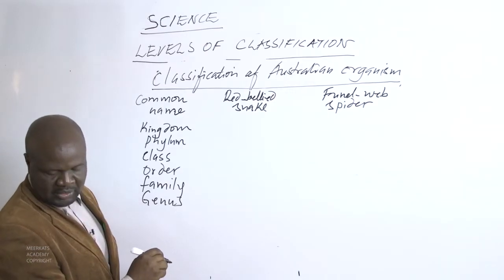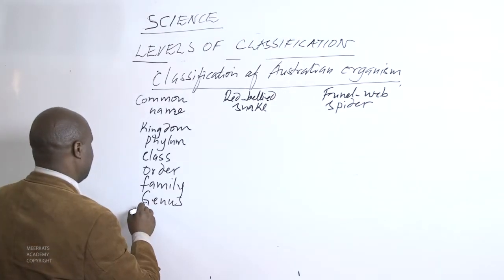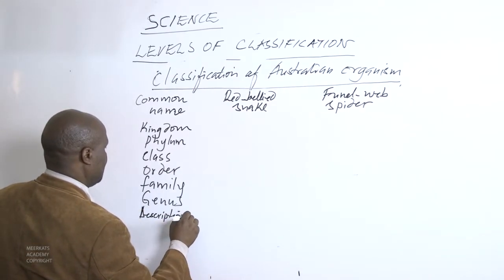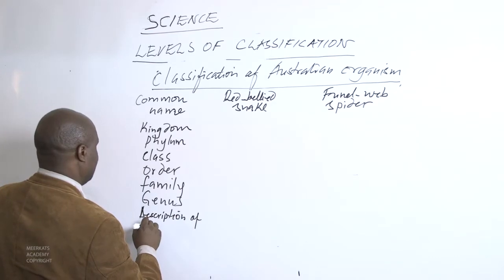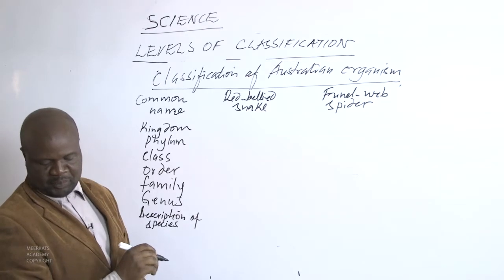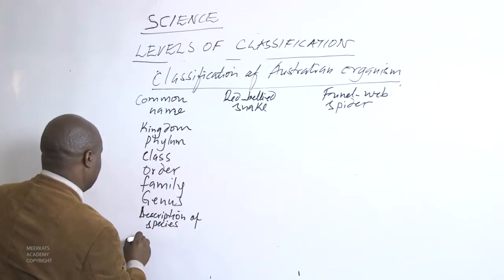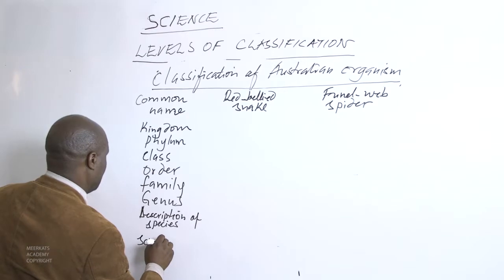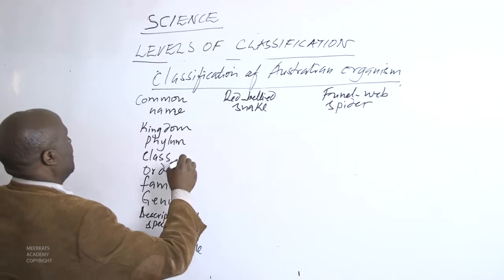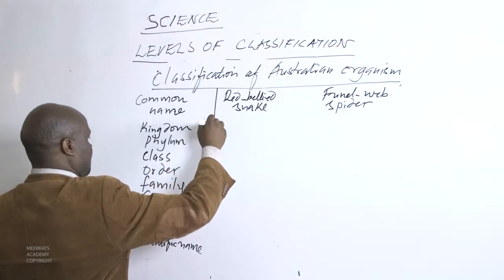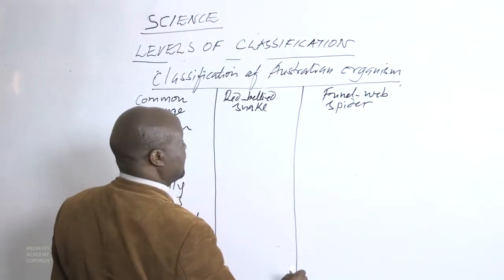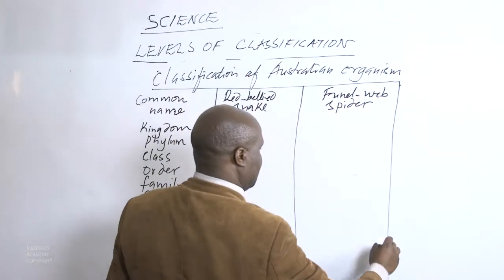Then from the genus, description of species. Then from description of species, we can lastly end with the scientific name. We can have such columns for classification.